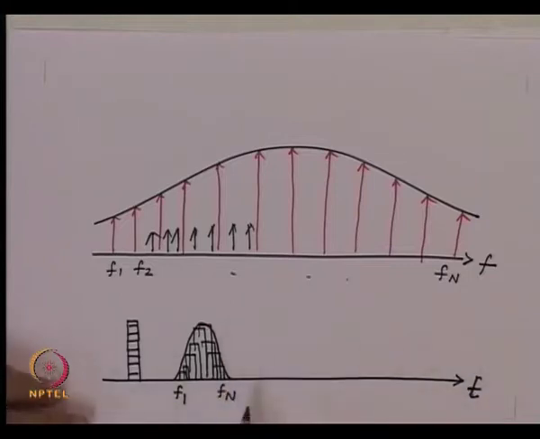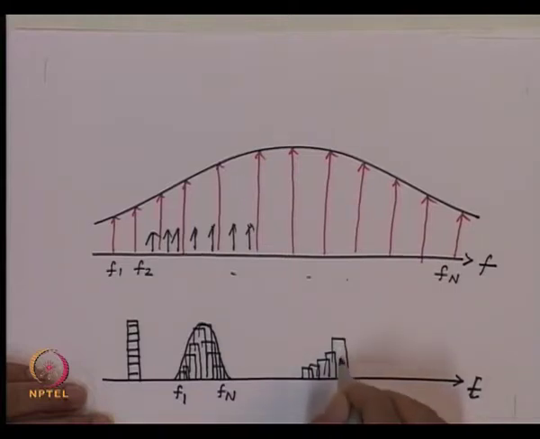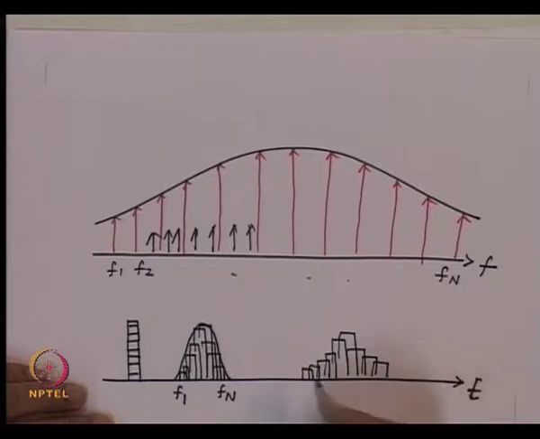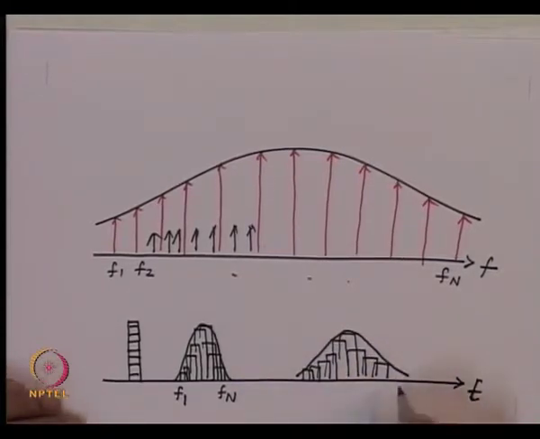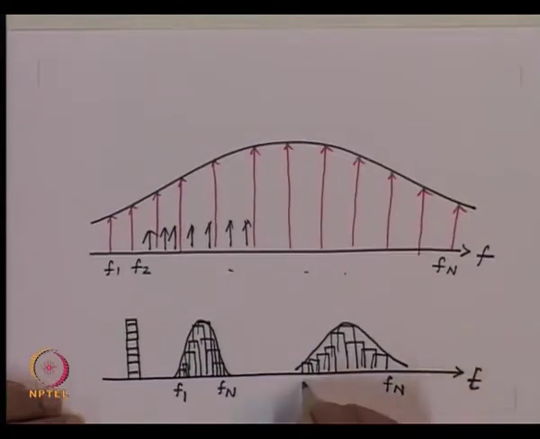If it travels further, then there will be further separation of this. So F1 goes here, so you will get a distribution of the pulse which will look like that, where again this is your Fn frequency and this is your F1 frequency.